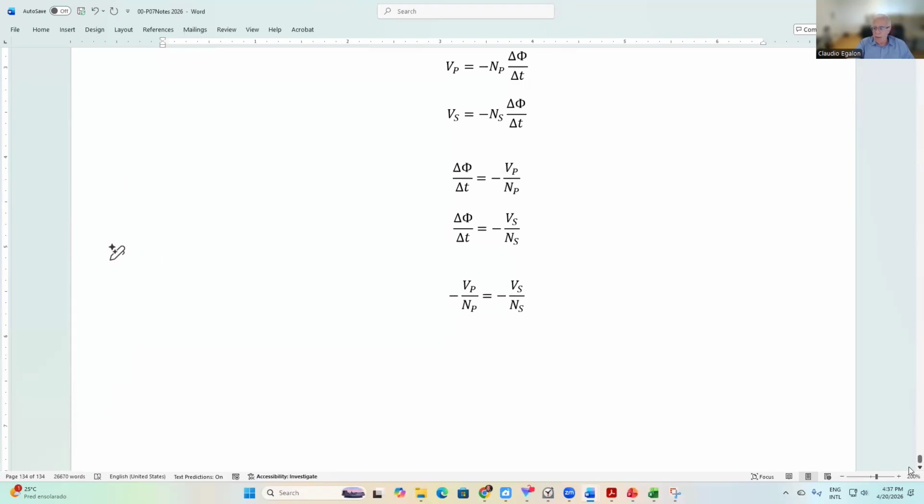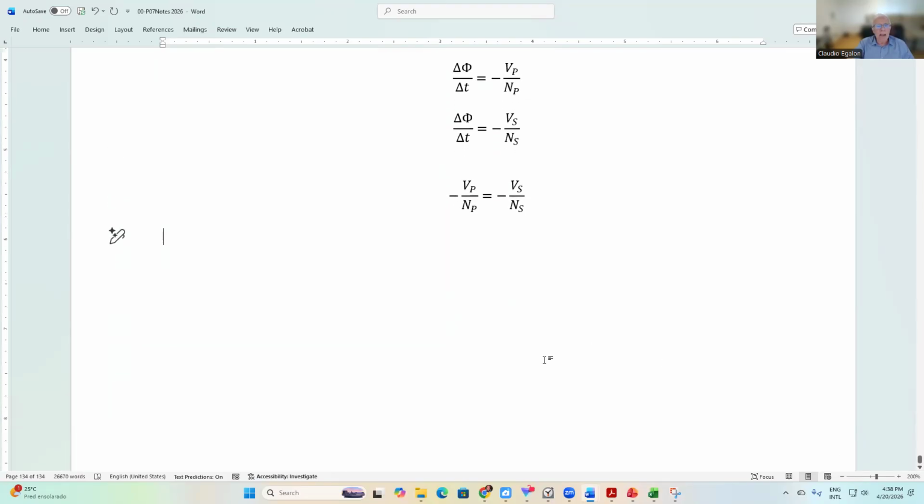We can build very reliable and efficient devices. So here you go, the negative sign cancels out. We're running out of time already, right? 10, 12 more minutes to go. I want to write that down in terms of the secondary voltage, so let me pass this to the other side.